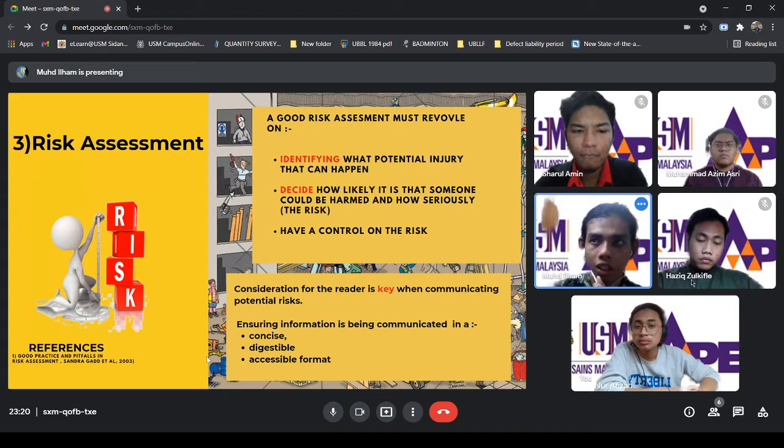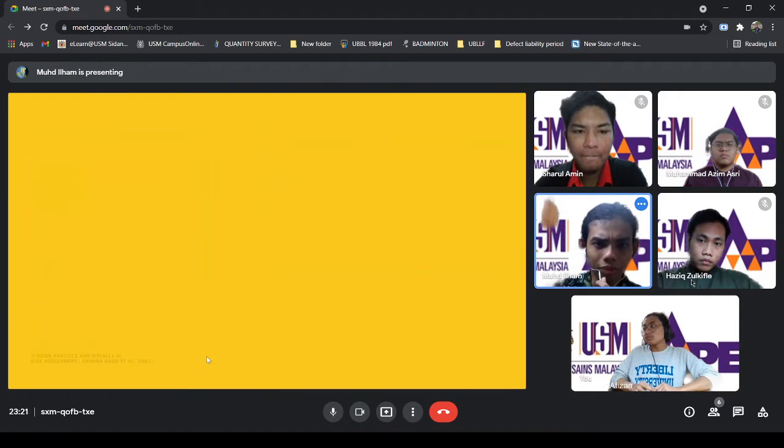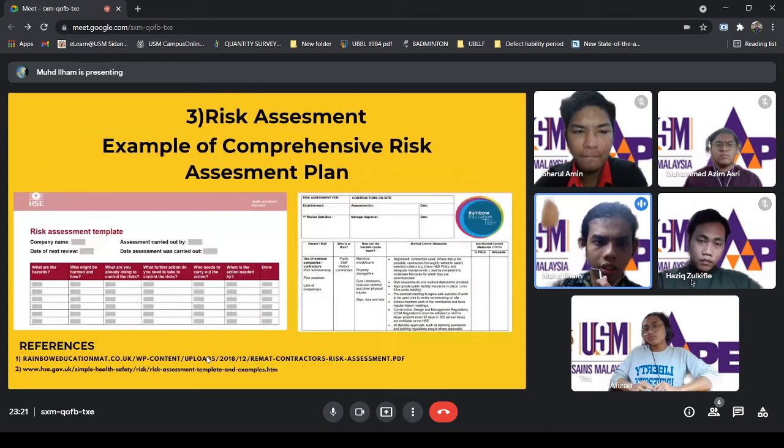This is because if we have 400 pages of complex material, it might become a problem, because not everyone can read 400 pages. So this is an example of a risk assessment page, just a simple one from the HSE and Rainbow Education.